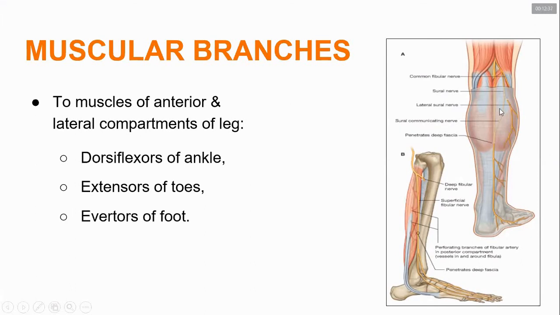So the sural communicating nerve comes and joins with the sural nerve proper from the tibial nerve. So these two will form the sural nerve. So the sural nerve itself will have another branch from the common peroneal nerve, that is the sural communicating nerve. So this will penetrate the deep fascia and run along the posterolateral aspect of the leg.